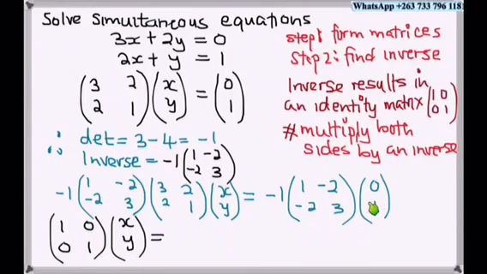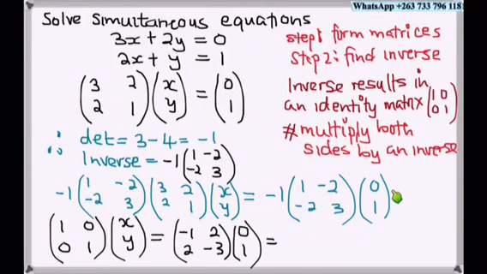So in the identity matrix here, 1, 0, 0, 1, x, y. Therefore let's multiply row by column, or we can factor in the inverse of the determinant into the matrix as a scalar, like this. -1 times -1 is -1, -1 times -2 is +2, -1 times -2 is +2, -1 times 3 is -3.